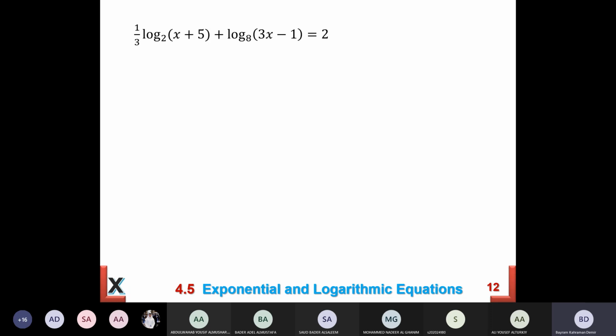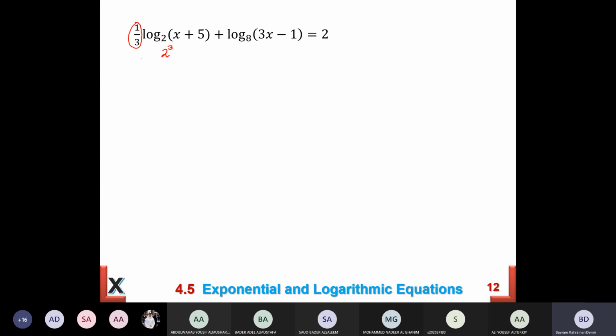Now, if you look at this problem here, Shabab, you see 1/3 here. Basically, we can use it as a power of 2. So the 2 becomes 2 to the power of 3, 2 cube.